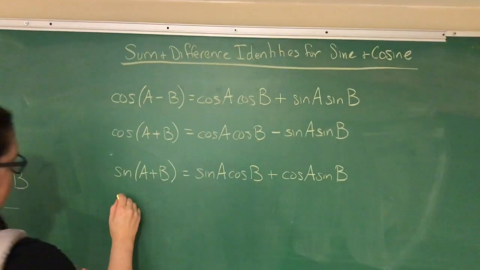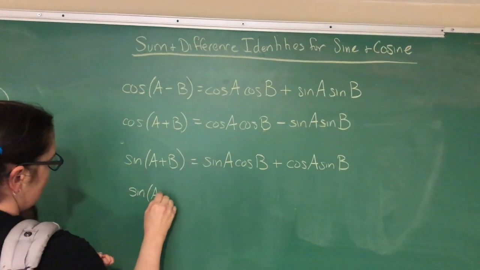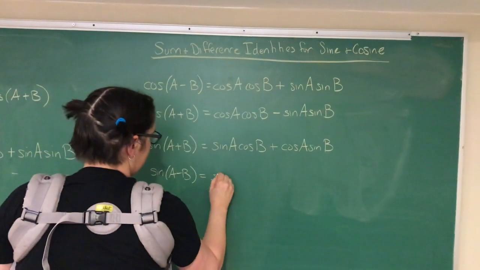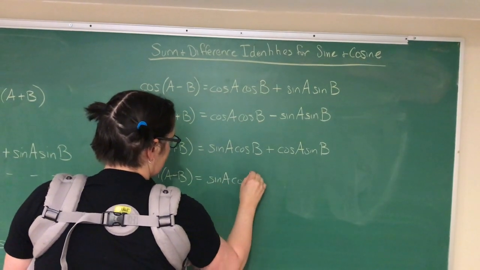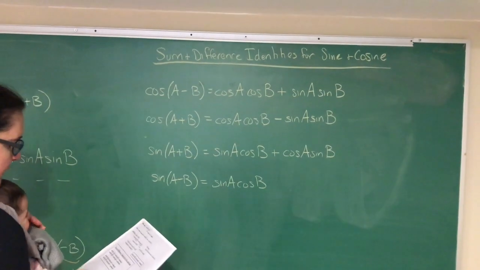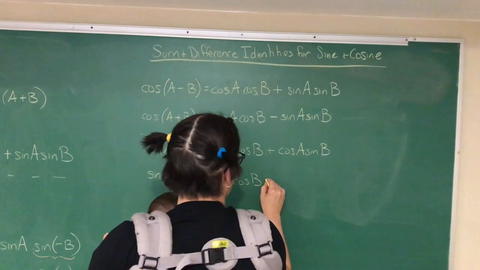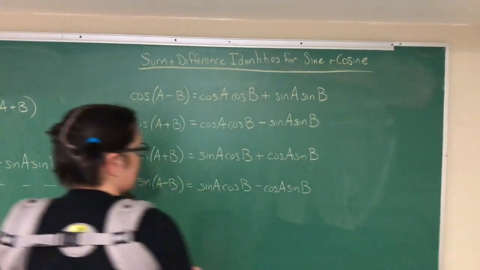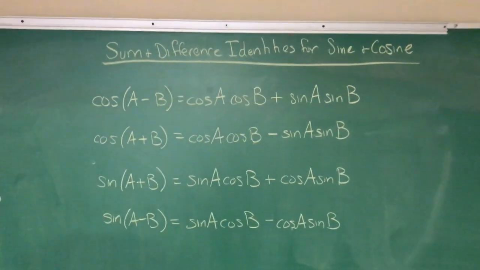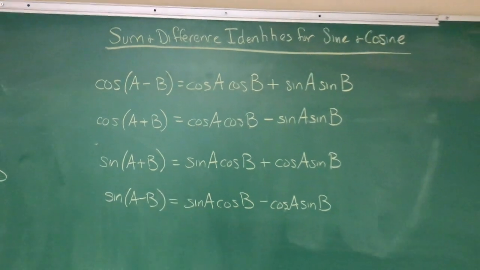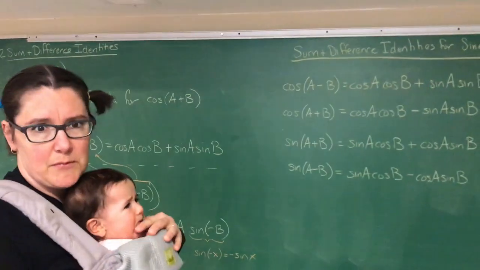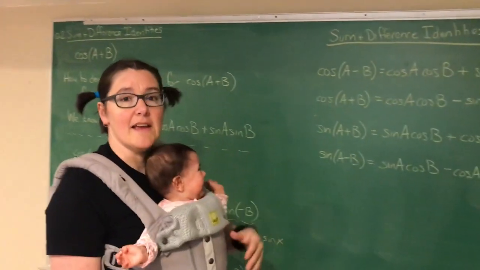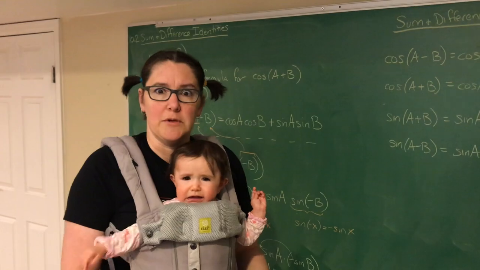And our last one is sine of a minus b is equal to sine of a times cosine of b minus cosine of a times sine of b. So while you don't need to memorize these, it's a good idea to be familiar with them and know that if you do want to split up an a and a b, you need to use one of these formulas.